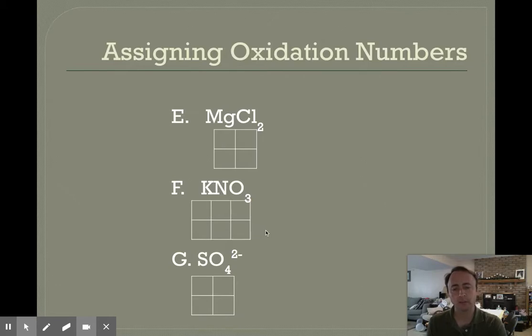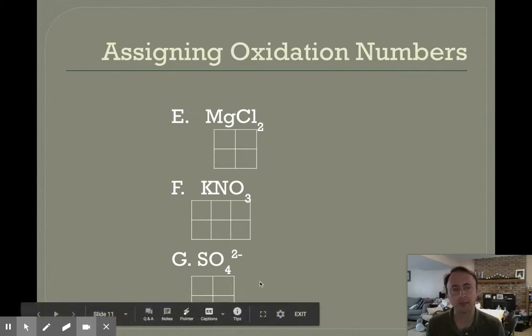So now I can look at this: we have +1 plus X minus 6, and that all has to add up to 0. So what value for X will give us a total of 0? That's how we figure out that nitrogen should be a +5.